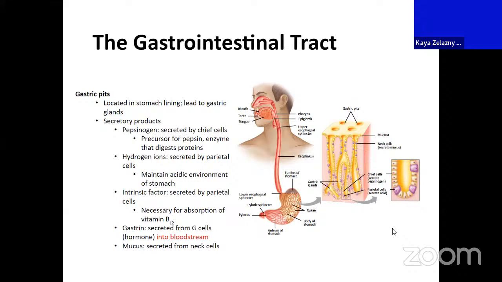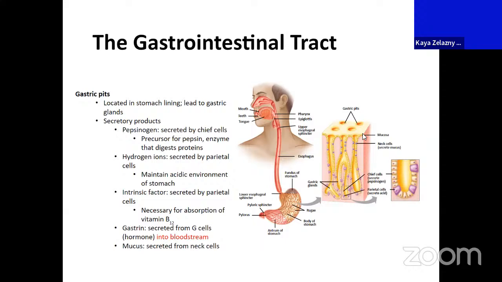So hormones, part of the endocrine system, really what that means is we have signaling going through the blood. So that's going to be part of this overall control of your body, telling you what's going on with your nutritional state, telling you, do you have food in your stomach or do you not have food in your stomach, right? So that's part of what those G cells and the gastrin are doing.